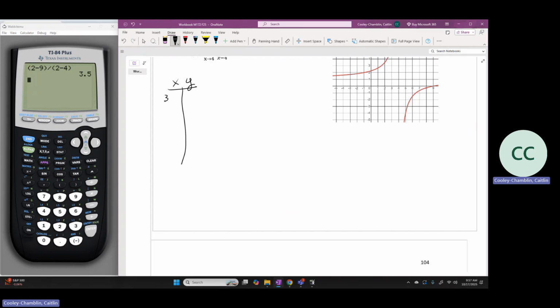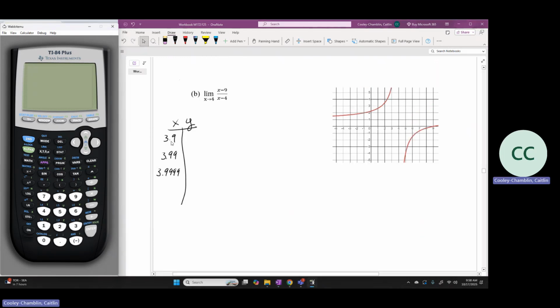So I'm going to look at numbers like 3.9, that's pretty close to 4, 3.99, a little bit closer to 4, 3.9999, a little bit closer to 4. So numbers getting closer and closer to 4, but never actually reaching 4. And I'm going to use my calculator for this, plugging these numbers in for x.